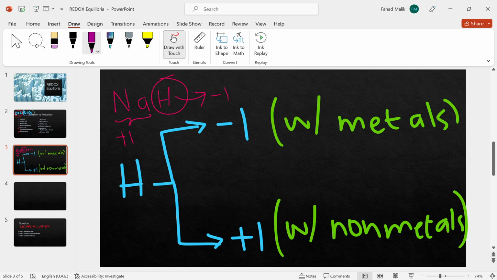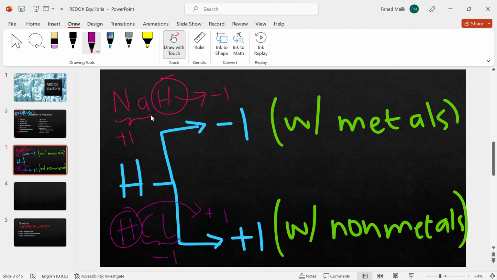The other example I'll be giving you is HCl. Now this is hydrogen, right? And it's attached with a chloride ion. Chloride ion is going to be -1, so hydrogen will be +1. That's obvious.